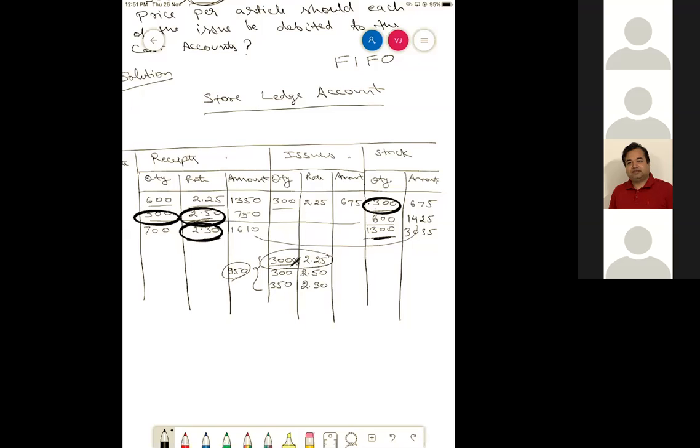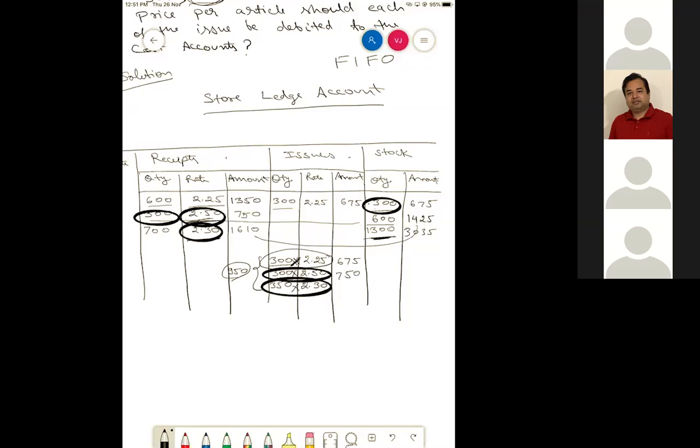So we get 675. Then next we have to multiply this one. What do we get? 750. Yes, very good. Then 350 into 2.30, the third one we have to do. 805, sir. 805. So this issue was being made.